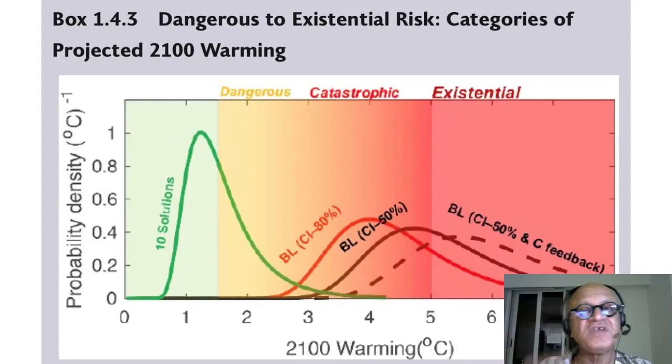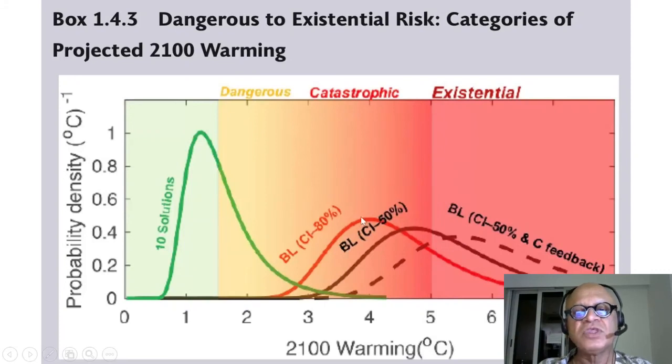So those kind of feedbacks can be included. Nonetheless, these various scenarios tell you that the warming depends on, for example, including carbon feedback, increases the warming and the tail. So the extreme temperatures can get as warm as 8 degrees with respect to the base period, whereas without carbon feedbacks that is lower.